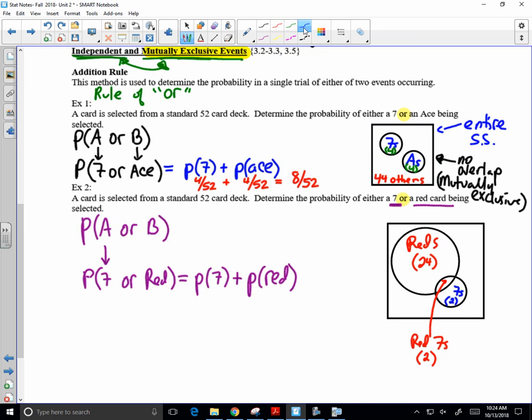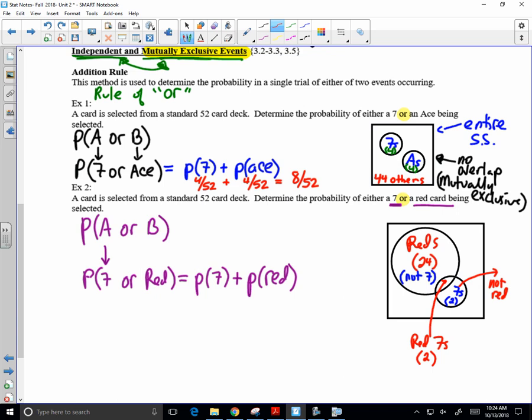Because these are the reds that are not 7. I'll be a little bit more specific here. These are the 7s that are not red. All right? So in doing that, we get a total of 28 cards out of the 52 that are available. All right? But that, even I got jammed up on that.